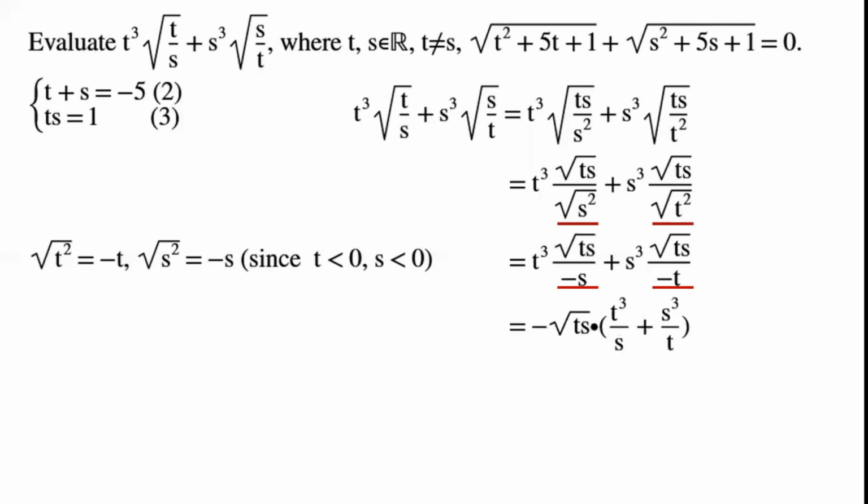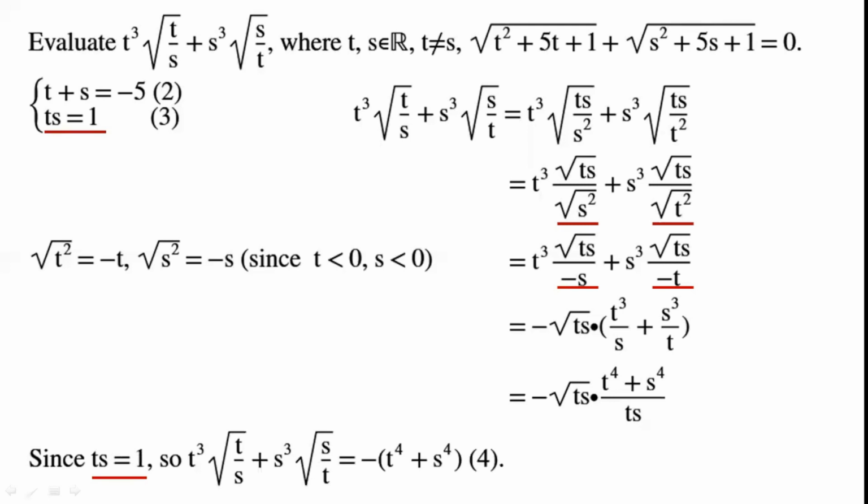The two terms have a common factor, so we can now write equals minus root of ts times t cubed over s plus s cubed over t. By finding a common denominator, we can now write equals minus root of ts times t to the power of 4 plus s to the power of 4 over ts.